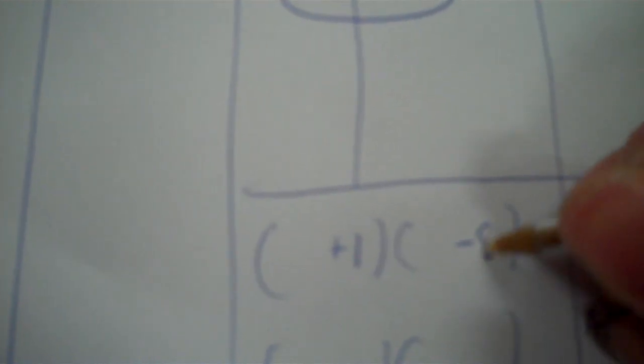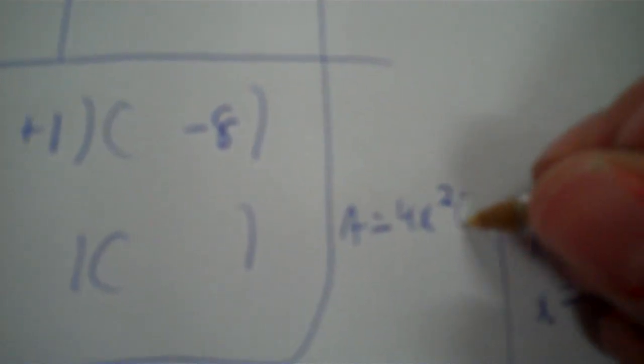We got it, okay? So you put in your parentheses, you put in your positive 1 and your negative 8. Now the x second, you know that's going into x times x. You place the 4 this time in front of the x's and you try to divide. 4 and 1 are together up here in row 1. 4 and 8 are together in row 4.